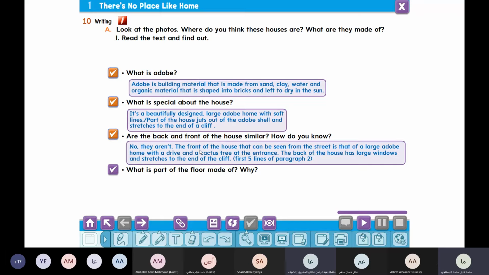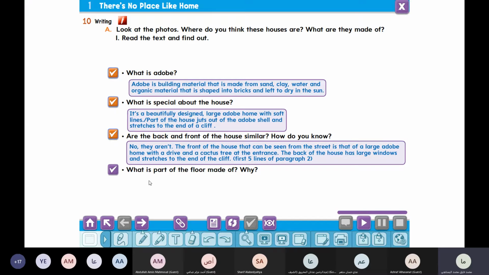The back of the house has large windows and stretches to the end of the cliff. So the answer is found in paragraph number 2. So the back and the front of the house are not similar. Good.